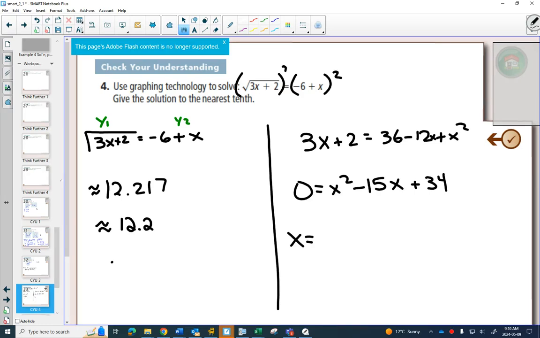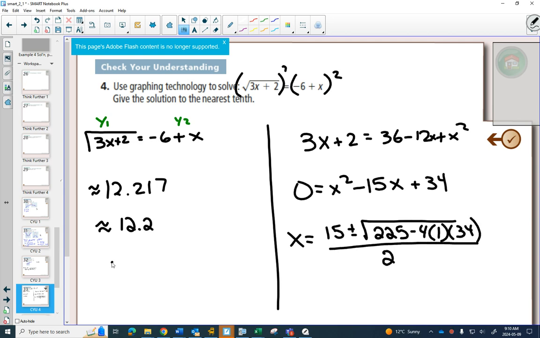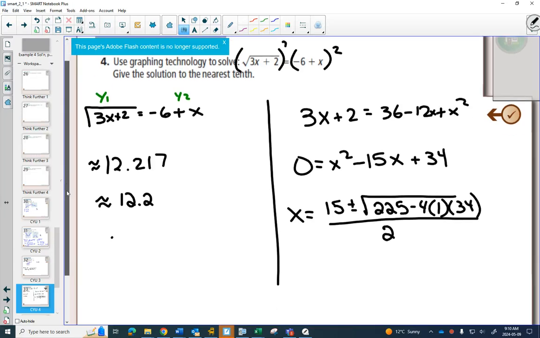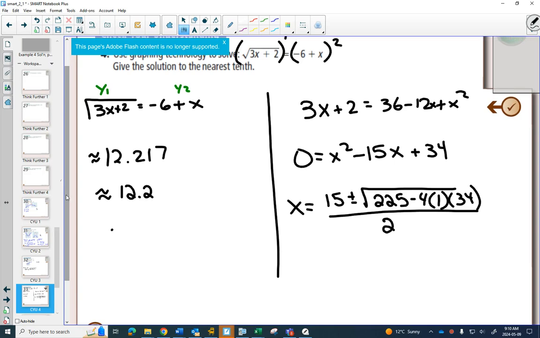We'd have to use our quadratic formula, negative b plus or minus the square root of b squared minus 4 times a times c, over 2 times a. Again, things like your quadratic formula, as you're getting ready for next year, the more formulas you can memorize, the better, especially your identities. And that also helps you on your exam coming up, because you recognize things quicker if you have them memorized.